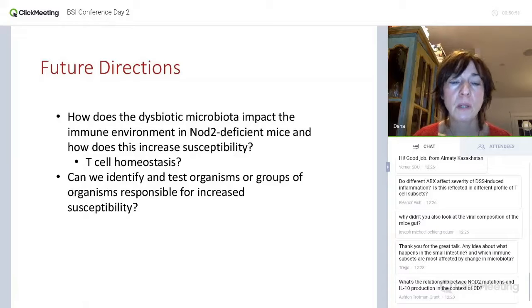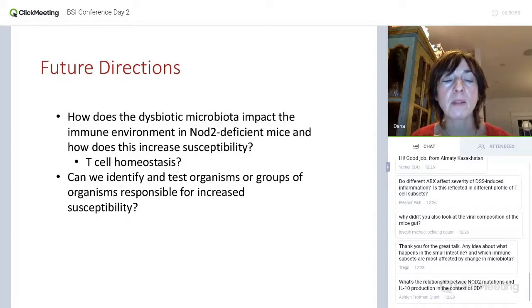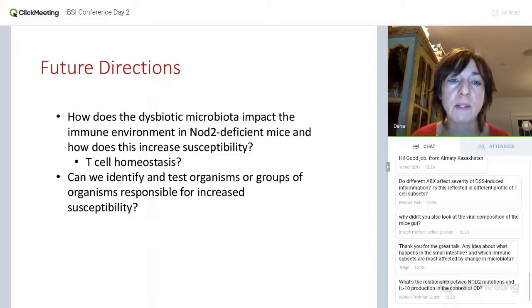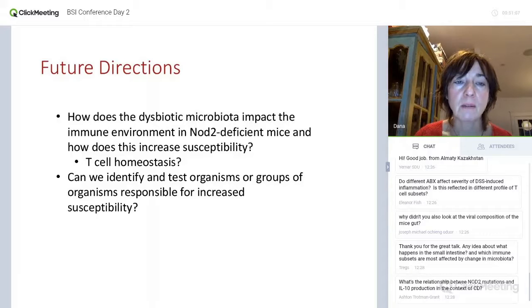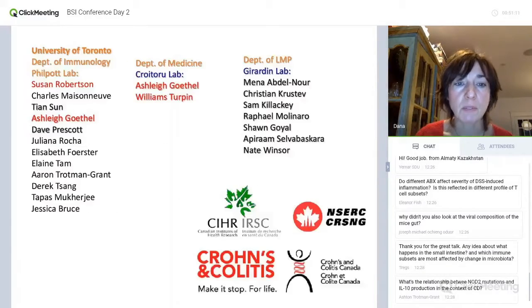So we're trying to culture out those different microbes and then put them back into a Nod2 germ-free environment to see if we can really understand if one or a few groups of organisms are really driving this susceptibility. So that might be a way that we can alter the microbiota in the future to protect people from the development of Crohn's.